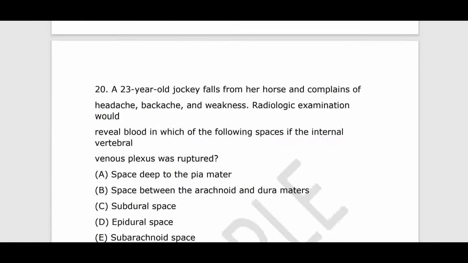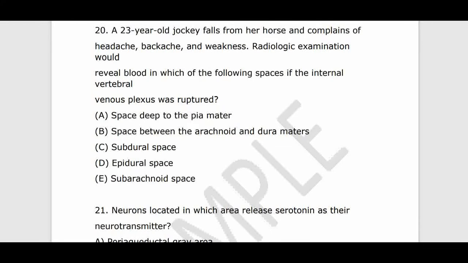So question number 20. A 23-year-old jockey, whatever, falls from her horse and complains of headache, backache, and weakness. Radiological examination will reveal blood in which of the following spaces if the internal vertebral venous plexus was ruptured? This question is testing your knowledge of the anatomy of the vertebral venous plexus.